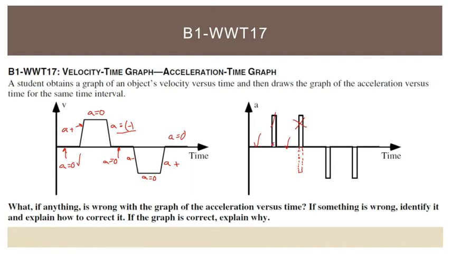So this area under the curve here is above the x-axis, so it's positive. But since they changed their velocity by increasing it, but then decreasing it along this segment, there should be a negative area under the curve here. And notice that only works out like that if that bar is below the x-axis.